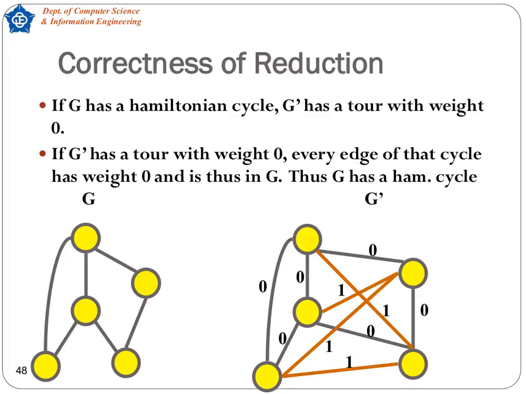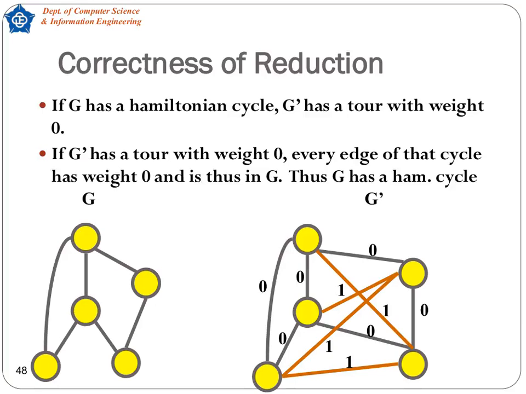So you can retrace the exact same cycle in G' using only zeros, giving you a tour of total weight 0. Second, if G' admits a tour of total weight 0, it can't include any weight 1 edges, otherwise the sum would exceed 0. That means it uses only 0 weight edges, and by construction those edges correspond to edges in G. Hence that tour is a Hamiltonian cycle in G.